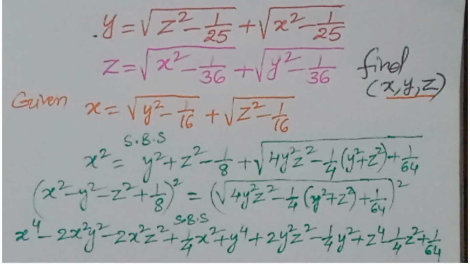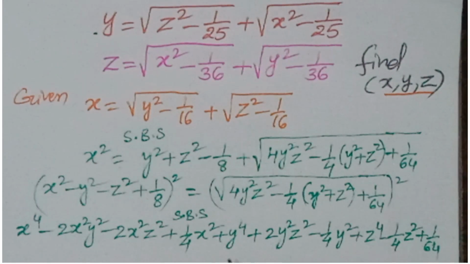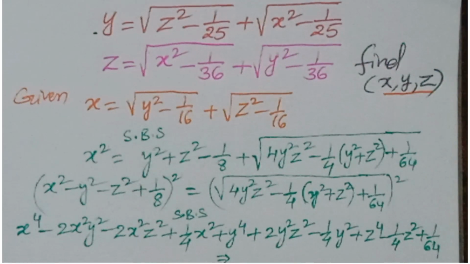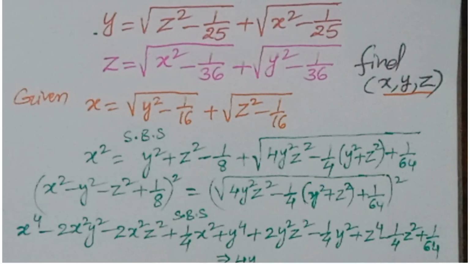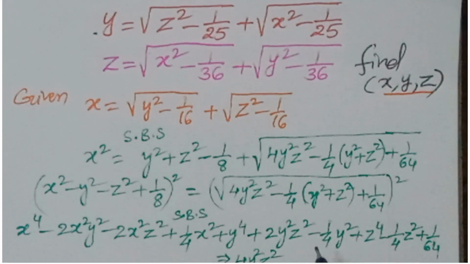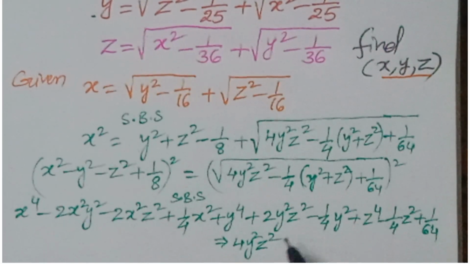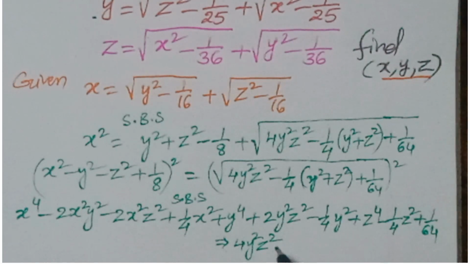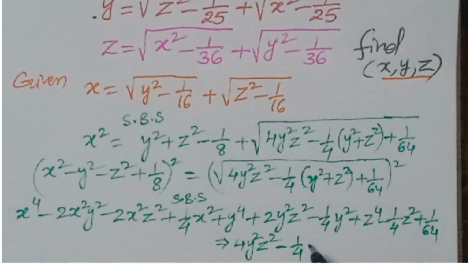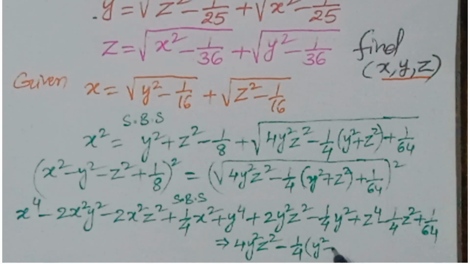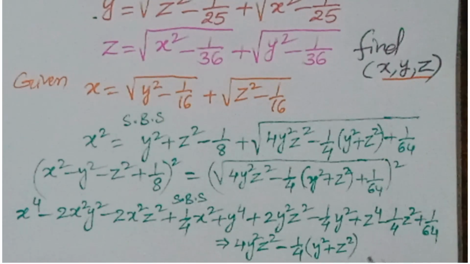This is equal to, on the RHS, 4y square z square minus 1 by 4 into y square plus z square plus 1 by 64.